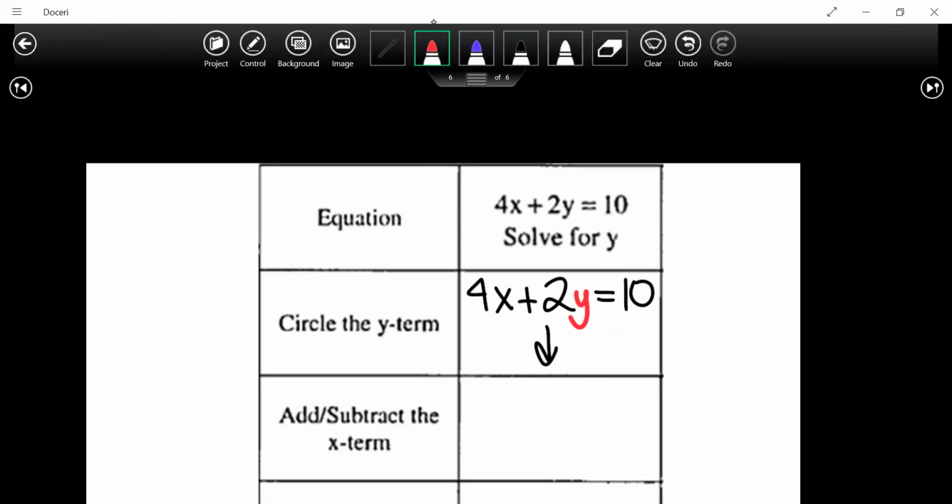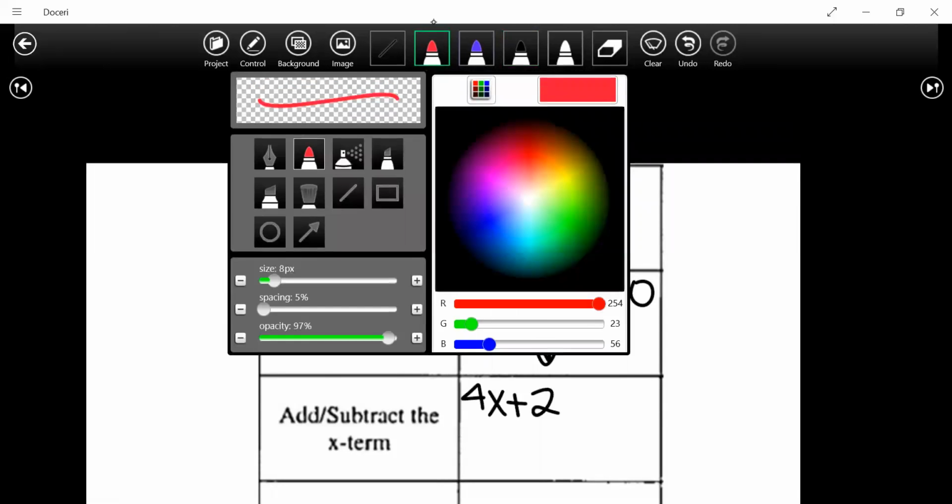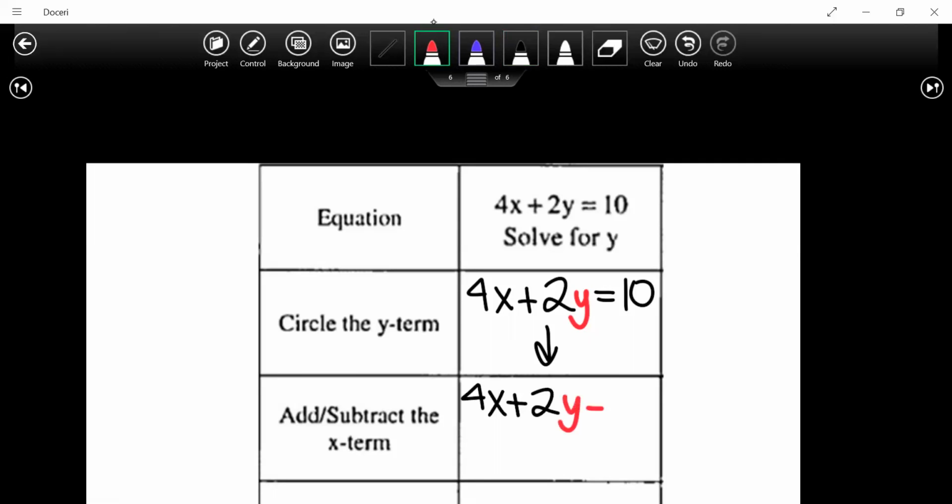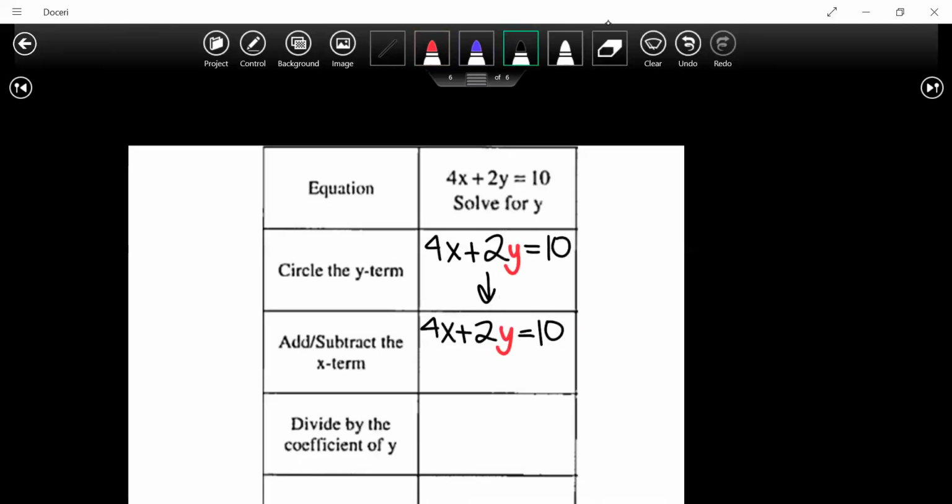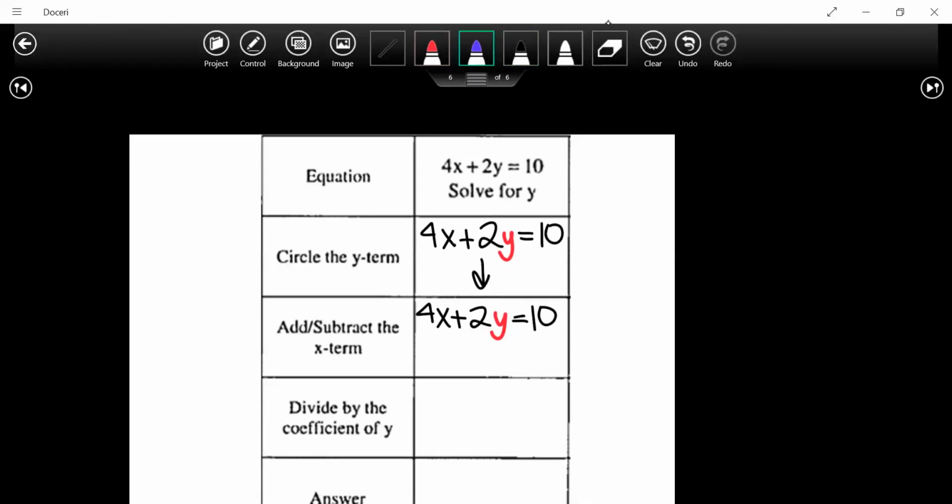Drop it to my next line. What's my x term? It's 4x, right? So I want to add or subtract it. Subtract it. Subtract 4x from both sides.